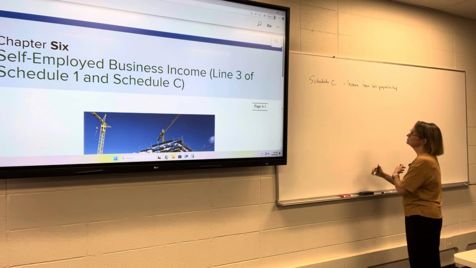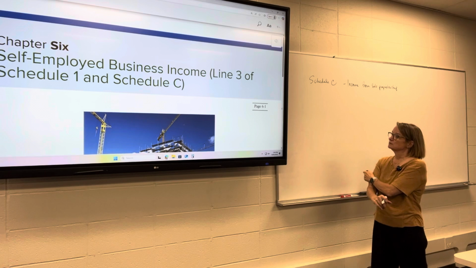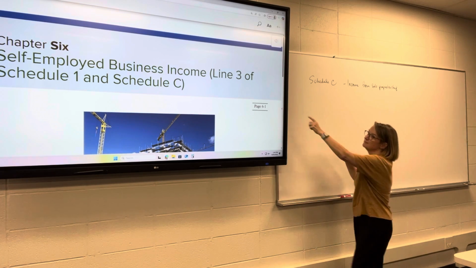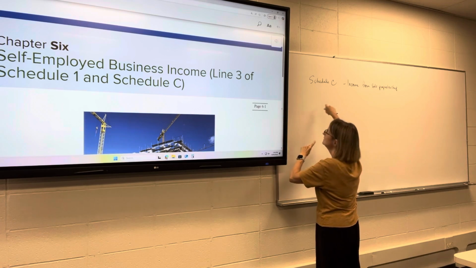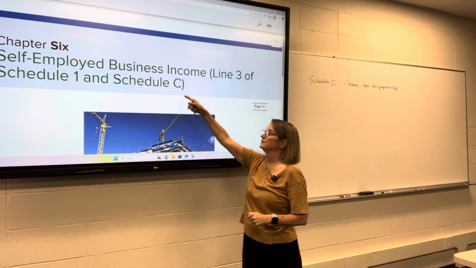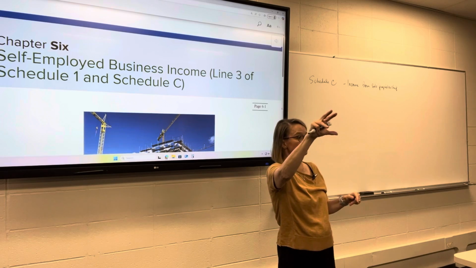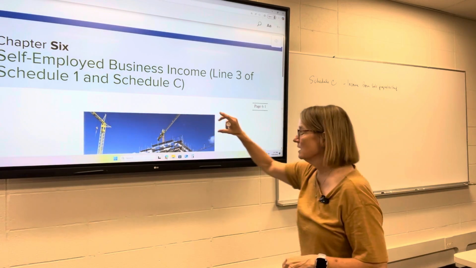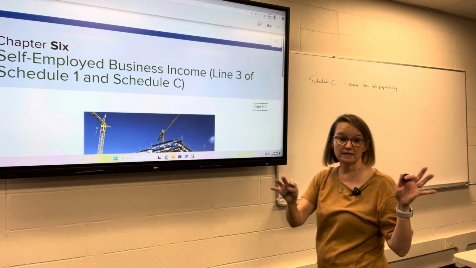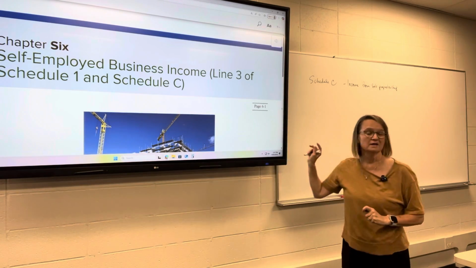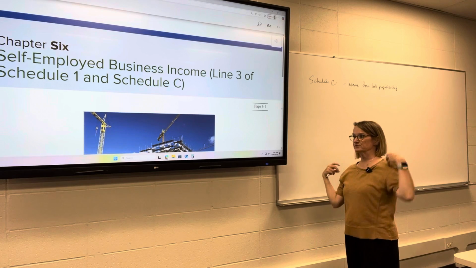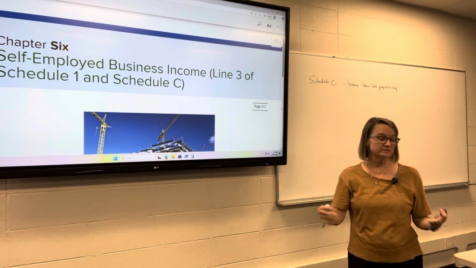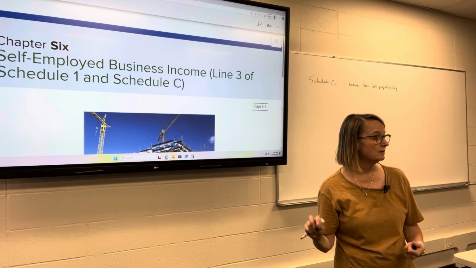Along with the Schedule C, which we're going to talk about how to fill out, Schedule C flows to line 3 of Schedule 1. If you were to pull up a Schedule 1 and look at line 3 of that form, that's under other income. So it would be income from a sole proprietorship or income from a Schedule C. But if you hear the term Schedule C business, this is what we're talking about.